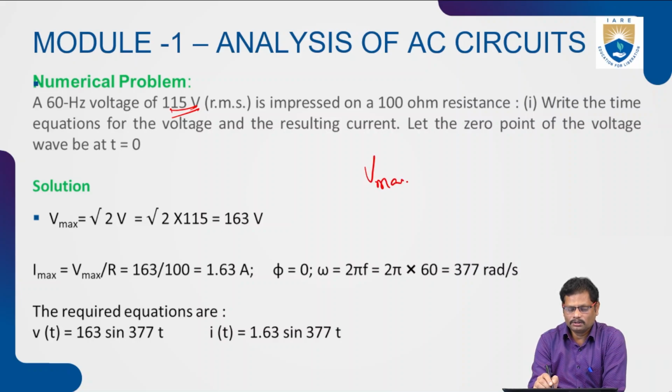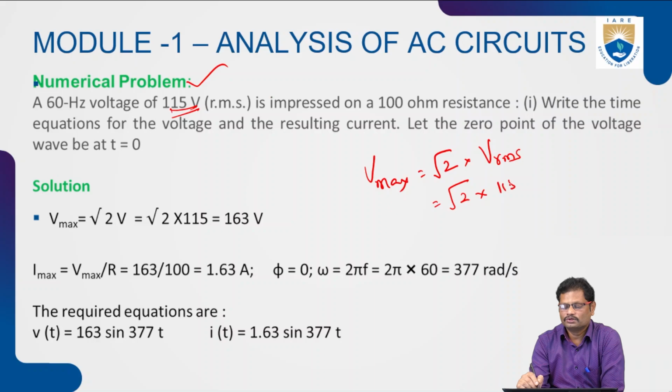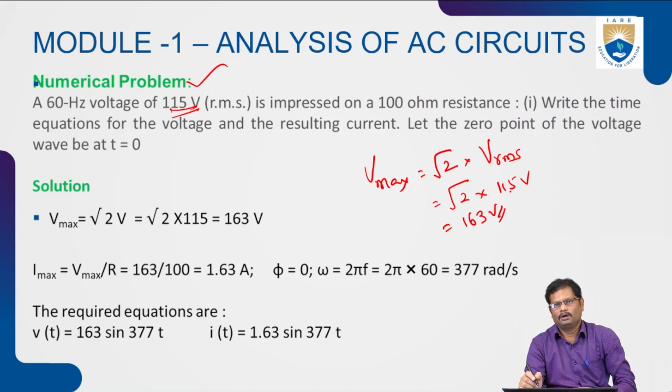Vmax is nothing but root 2 times Vrms. So here we apply root 2 into the given RMS value of 115 volts. Root 2 into 115, we will get 163 volts as Vmax.